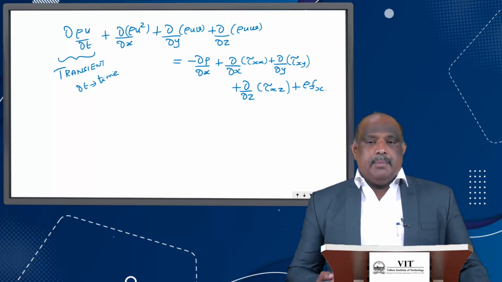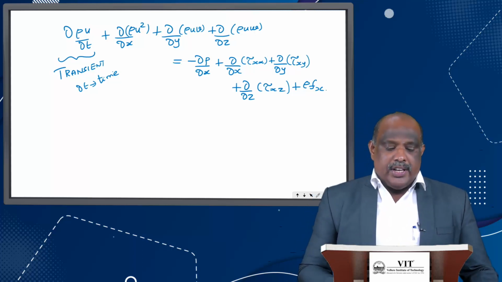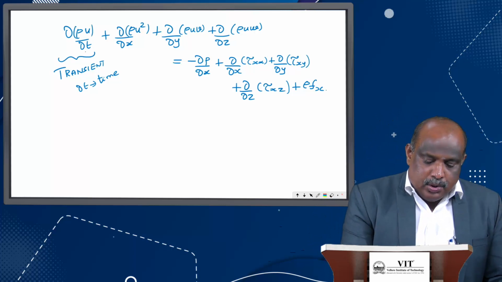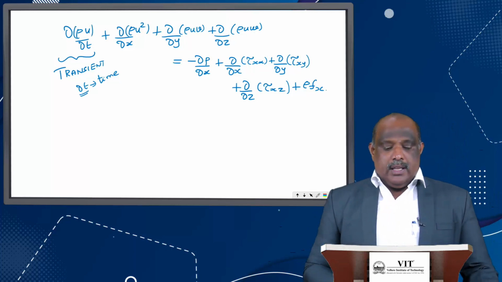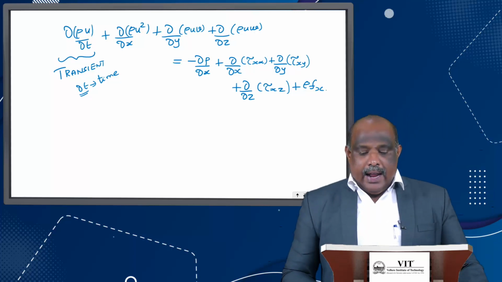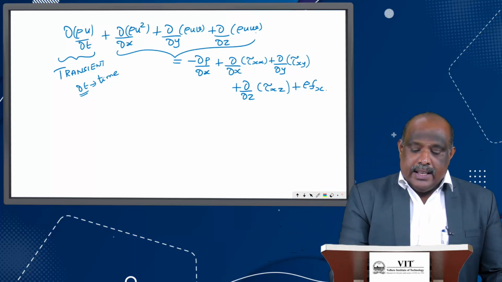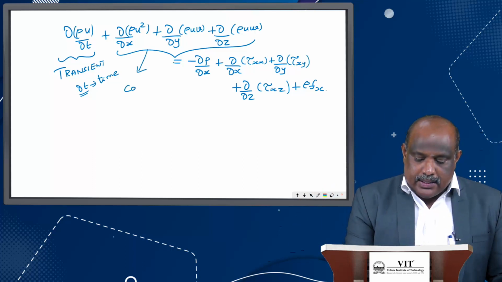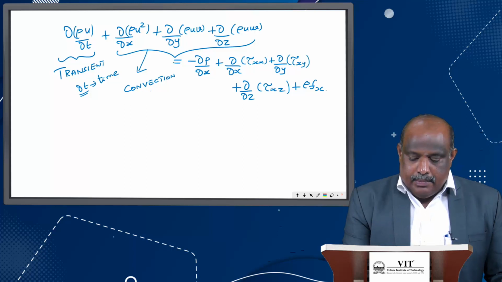If it doesn't vary with time, it is called steady state. But here it is going to vary with respect to time, so it is transient. So we are giving importance to the denominator term dou t, and hence the first term is called the transient term. And the next three terms are called convection terms.